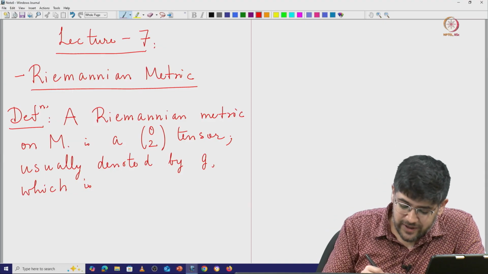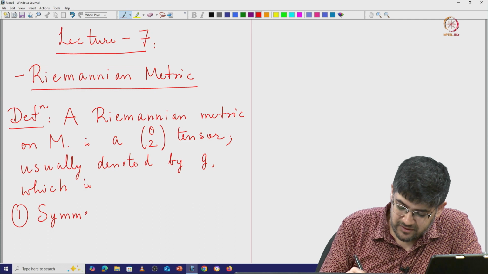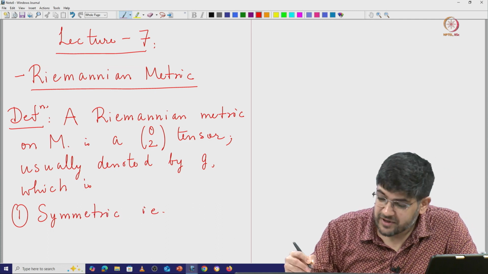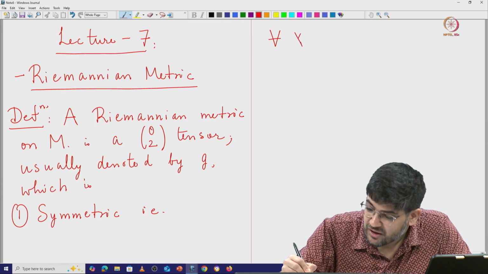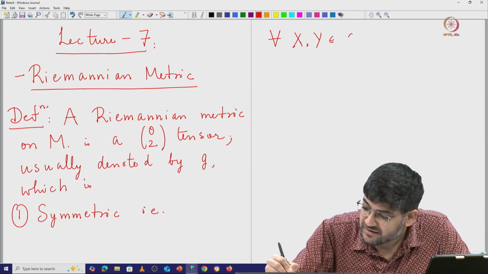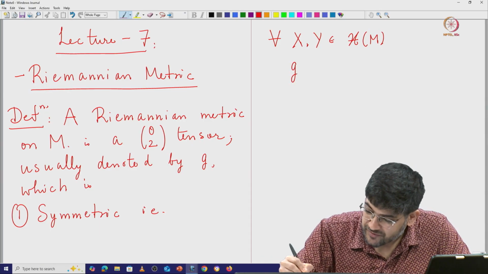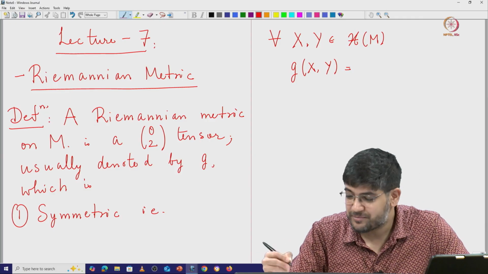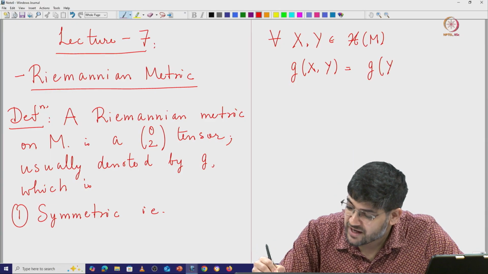This is a 0-2 tensor which additionally is symmetric. That means for all vector fields X, Y, g of X comma Y, this is a smooth function by the definition of tensors, is the same as g of Y comma X.